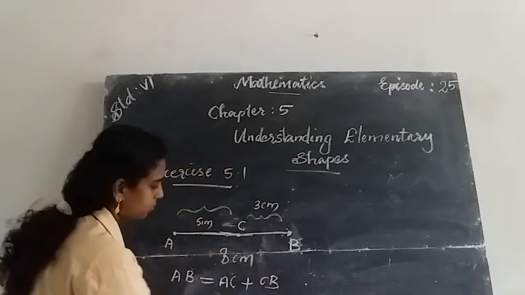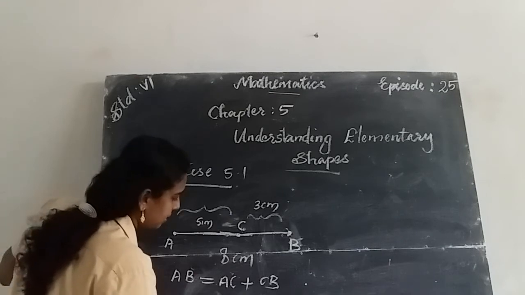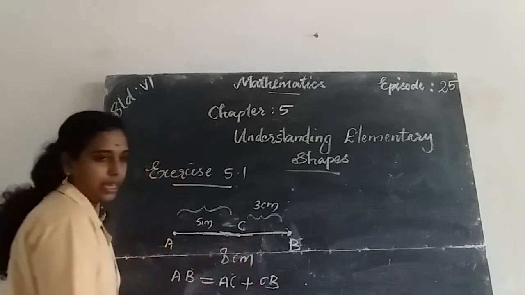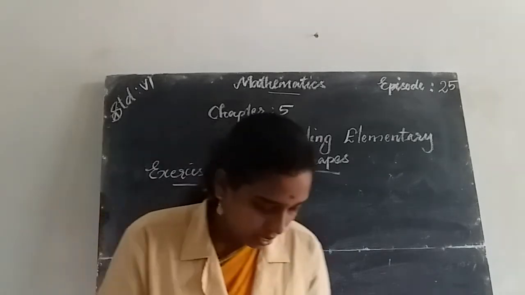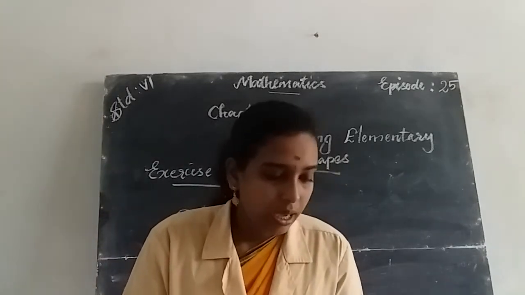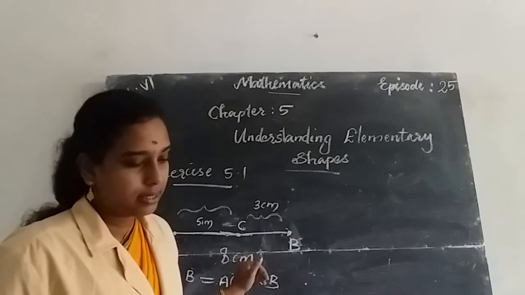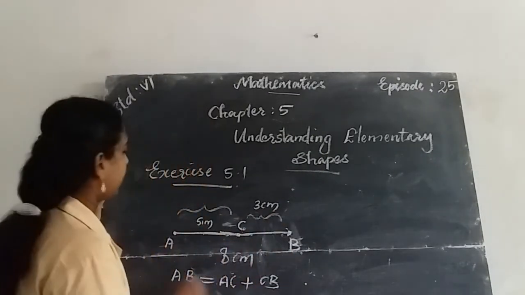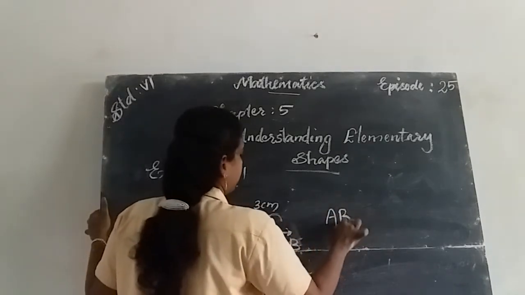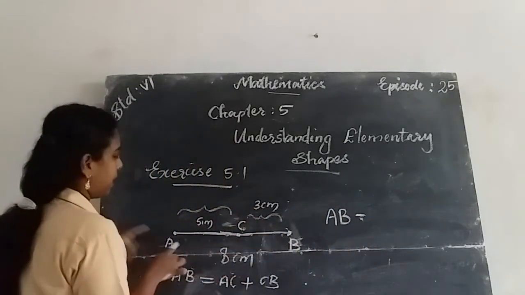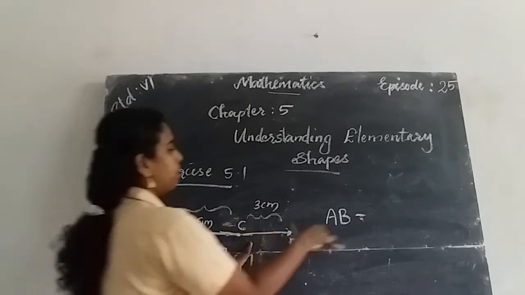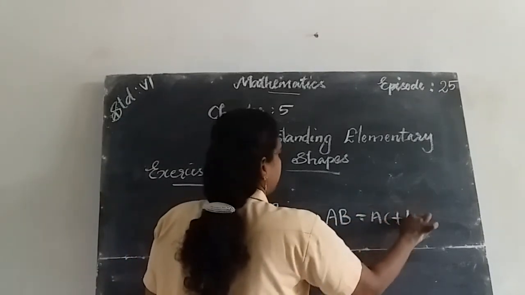That is 5 plus 3, we get 8 centimeters, and this is equal to AB. AB measures 8 centimeters. Hence, C is a point that lies between A and B, then AB is equal to the sum of AC and BC.